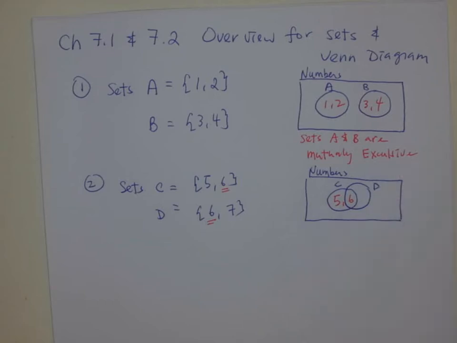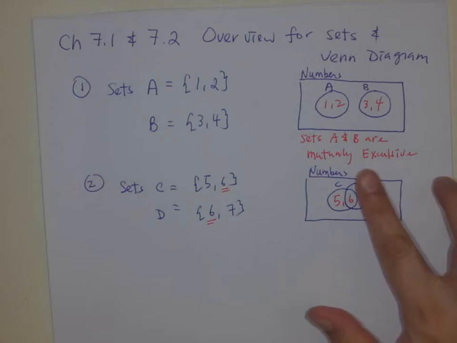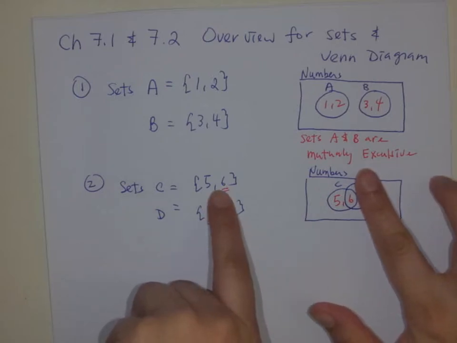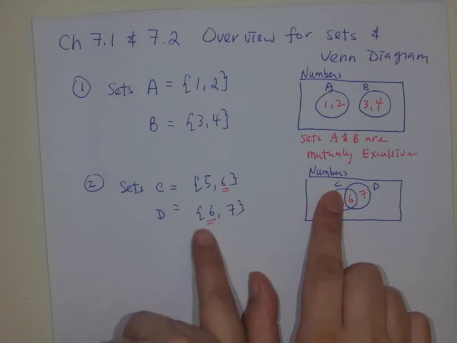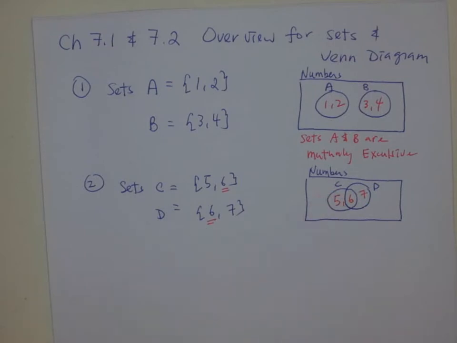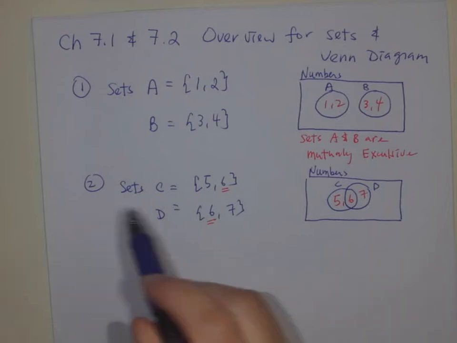So set D is 6 and 7. Does it make sense? If I only look at the C circle, I see 5 and 6. If I only look at the D circle, we see 6 and 7. So these two sets are not mutually exclusive. They have something in common.